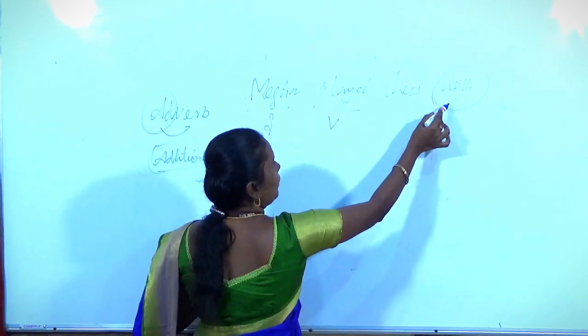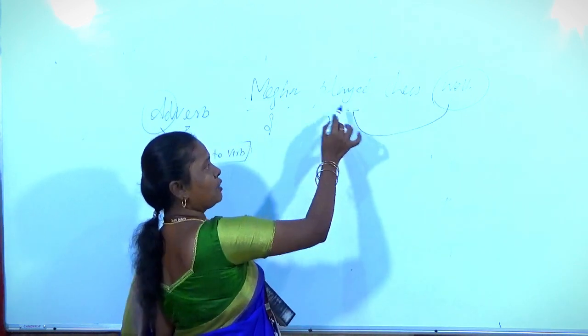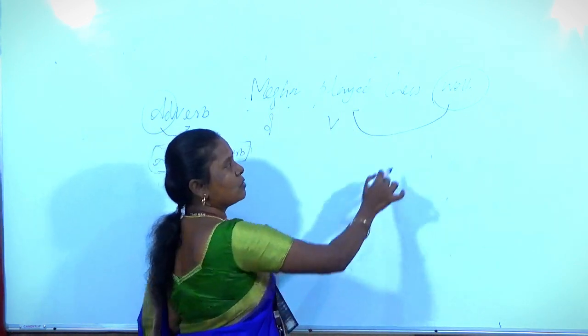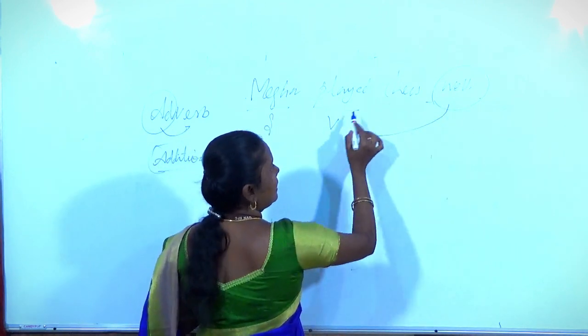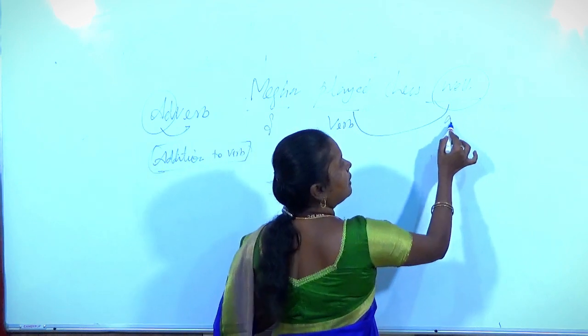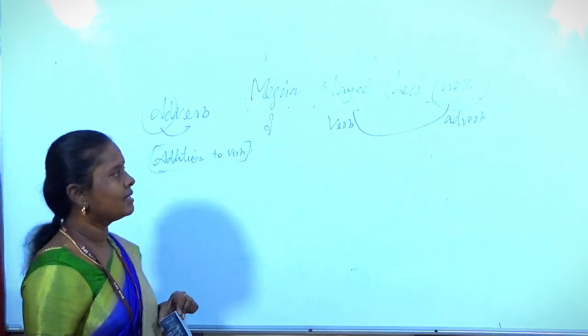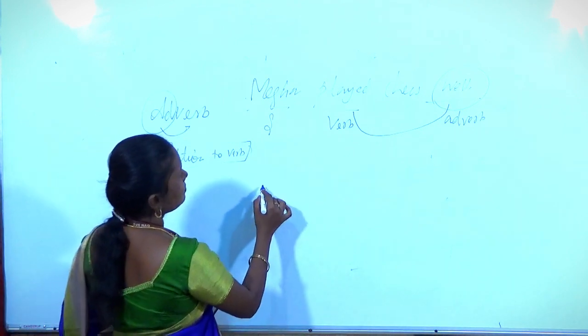So the word well gives extra information to the action word, that is the verb. It gives additional information to the verb, so it is called adverb. Right?